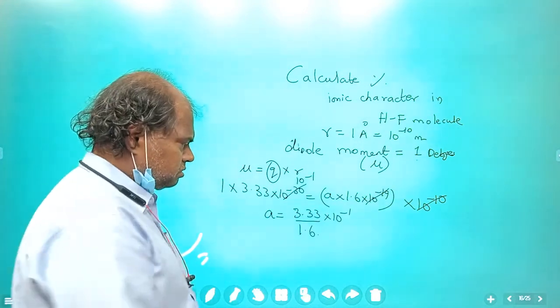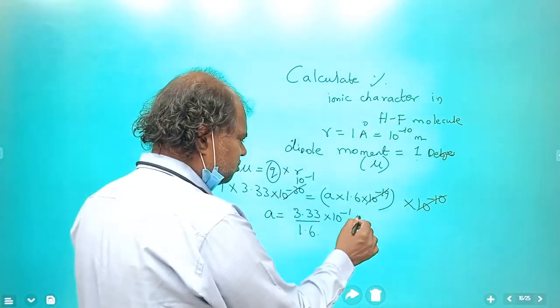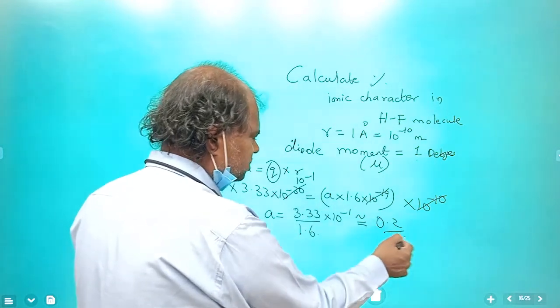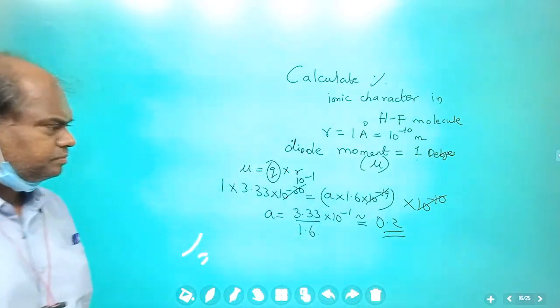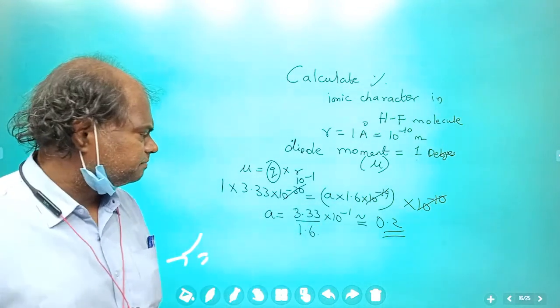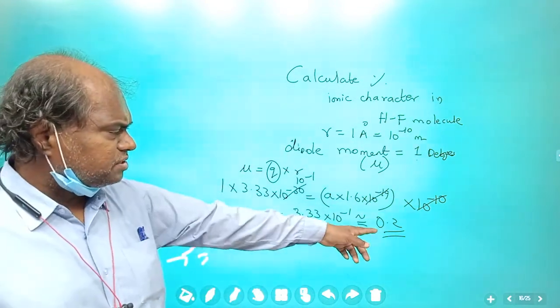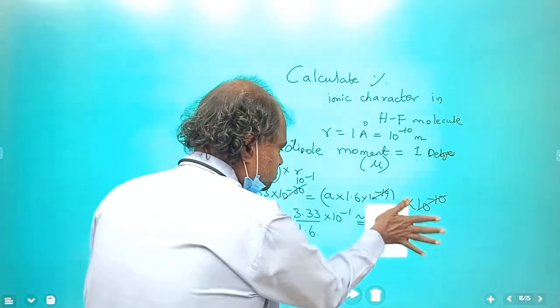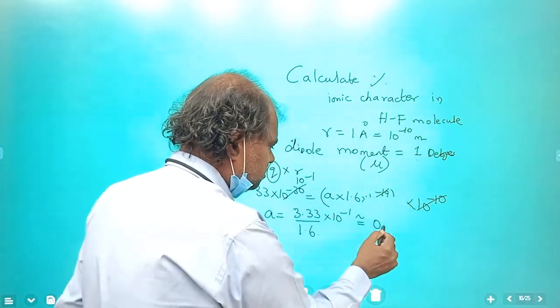So it will come very close to 0.2. Just check it out. So in terms of electron, how much is the charge, students? 0.2. Yes.